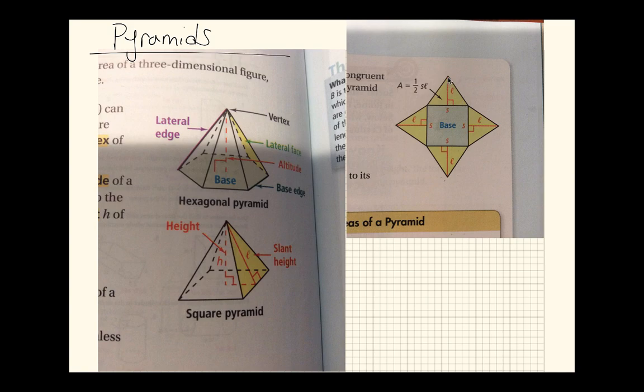So the area of each one of these triangles is 1/2 base times height, or in this case, 1/2 S times L. If we're going to find the surface area, we're going to need to find the area of all of these triangles. So if you find the area of one triangle and multiply that by 4, that's going to cover all your lateral area, and then you need to add the area of the base as well.